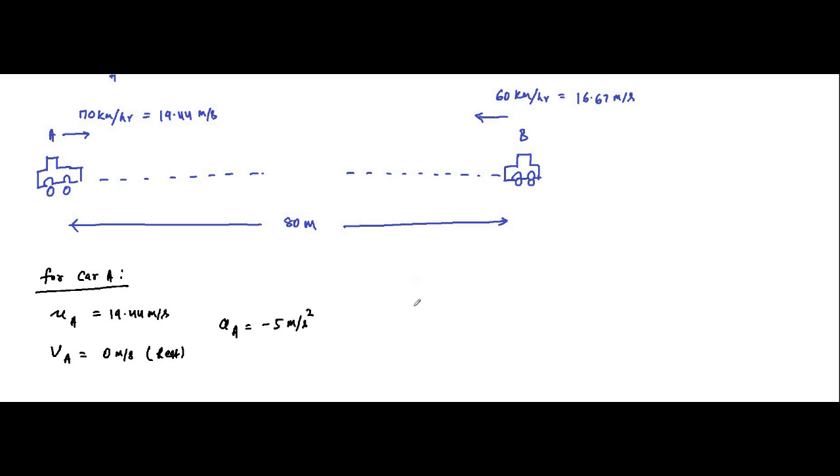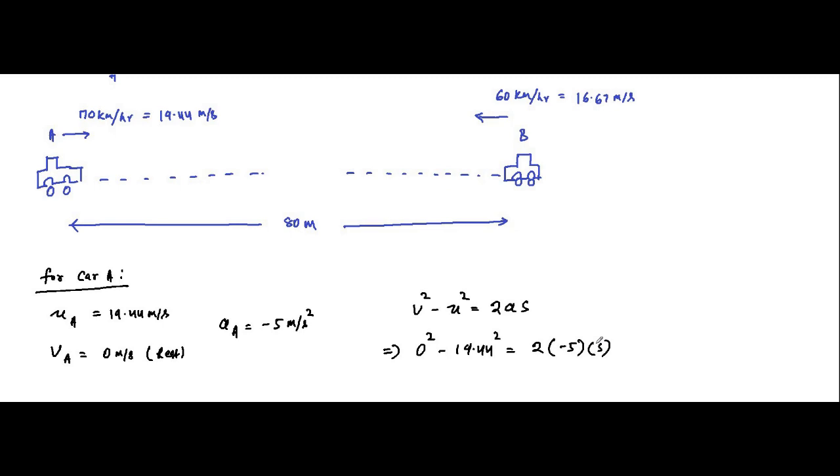So here we will be using this formula, v square minus u square is equal to 2as. So here v square is equal to 0 square, u square is 19.44 whole square, 2 into minus 5 into s.